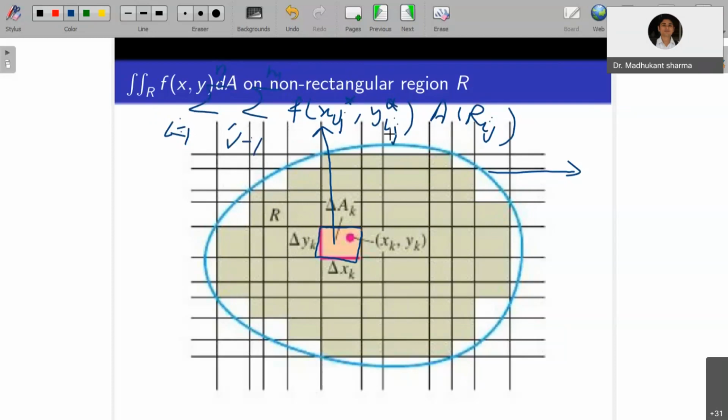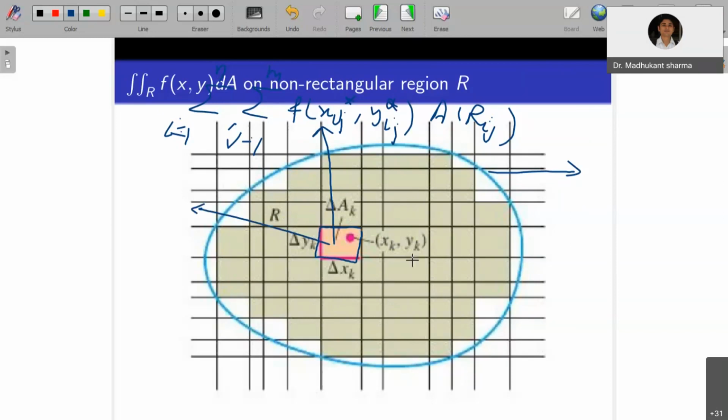If f is continuous throughout the domain, you can also show that in the limit n tends to infinity and m tends to infinity, or in other words the area tends to 0, or the maximum area.